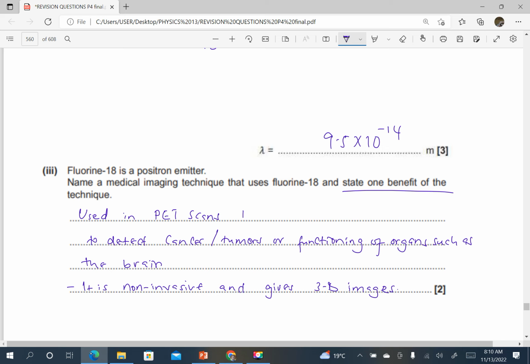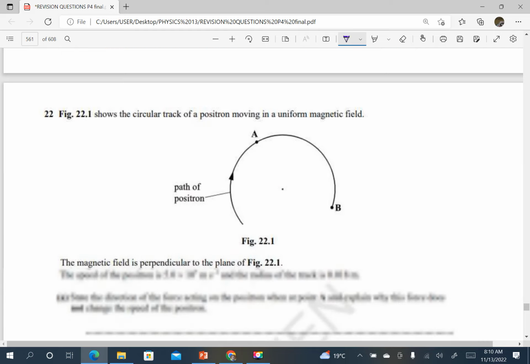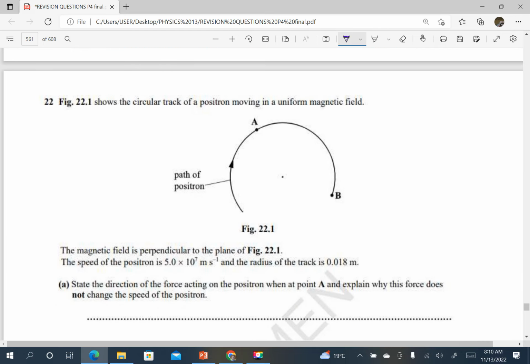Okay. The figure shows the circular track of a positron moving in a uniform magnetic field.